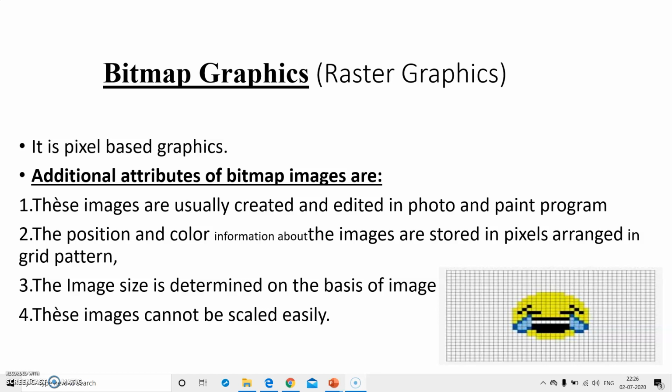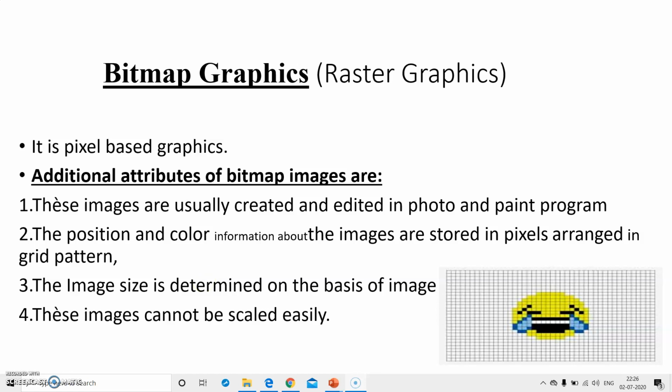Bitmap images are edited at pixel level, which allows you to change the color of any one pixel. Additional attributes of bitmap images: first, these images are usually created and edited in photo and paint programs.